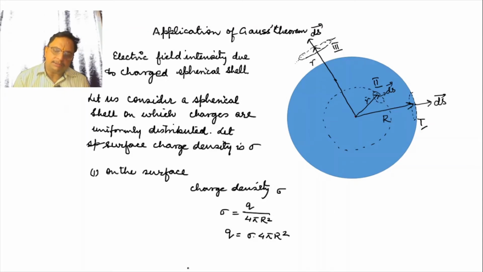We know that in Gauss theorem we are considering electric flux. So electric lines of force cross through an area, which means we have to calculate how much charge lies on this surface. For this purpose we are taking charge density. Now I am going to apply Gauss theorem.